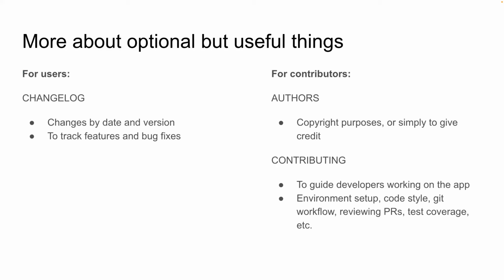So some other files that you might have in your package, what are they for? For users, a changelog can actually be very useful. They can see every change, every bug fix, every new feature added by date and version, and they can decide which version they need. For example, they're looking for a specific feature or a bug fix.